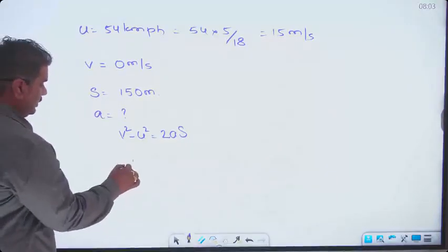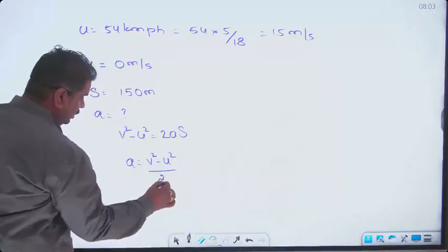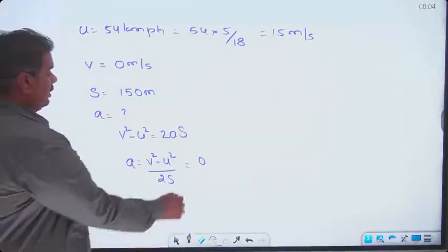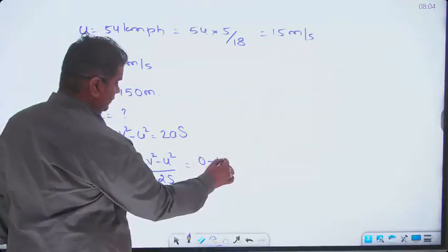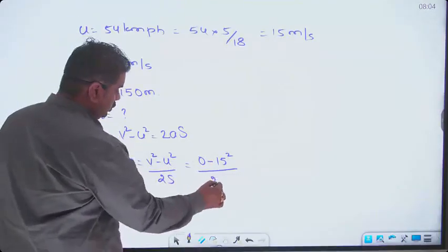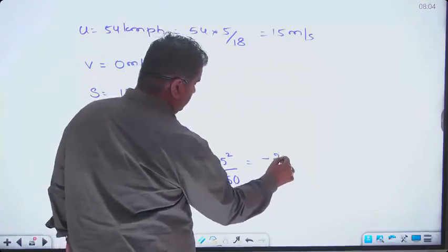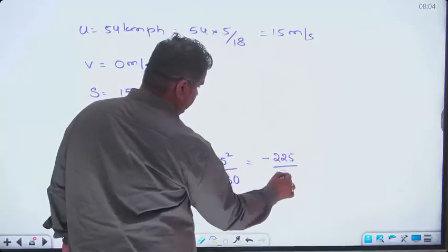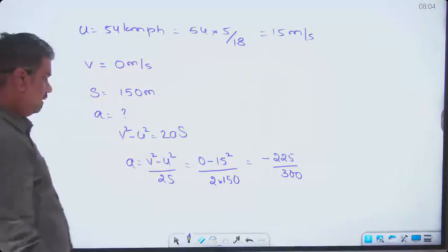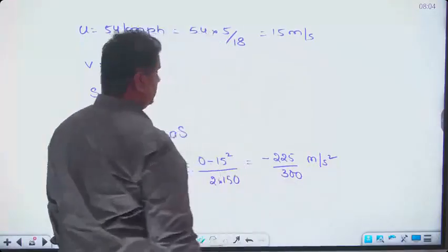So a equal to v square minus u square by 2 into s. v value is equal to 0, u equal to 15. So 15 square by 2 into 150, that is equal to minus 225 by 300. A equal to minus 225 by 300 meter per second square.